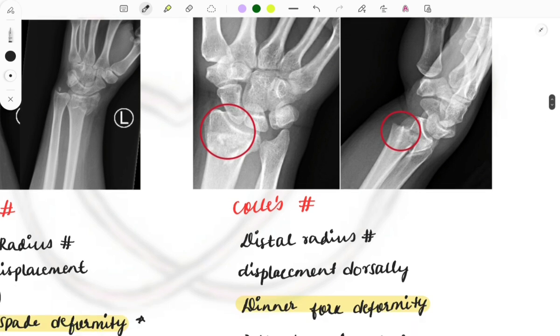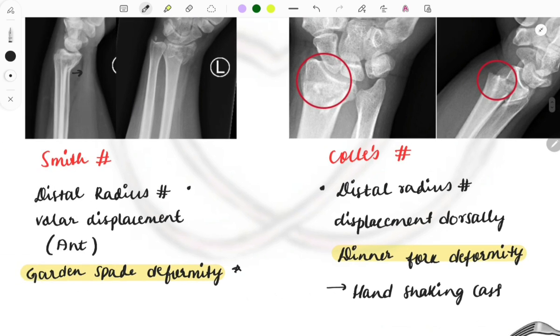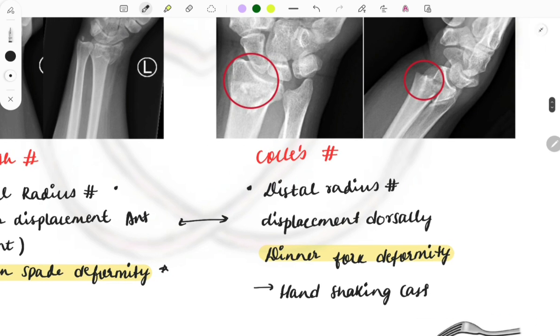Then the Colles fracture. In Colles fracture, the distal radius will be fractured. Here also the distal radius is fractured, but the differentiating feature is the displacement. In Smith there will be anterior displacement, whereas in Colles there will be posterior displacement, as you can see here, the bone after the fracture is displacing posteriorly.